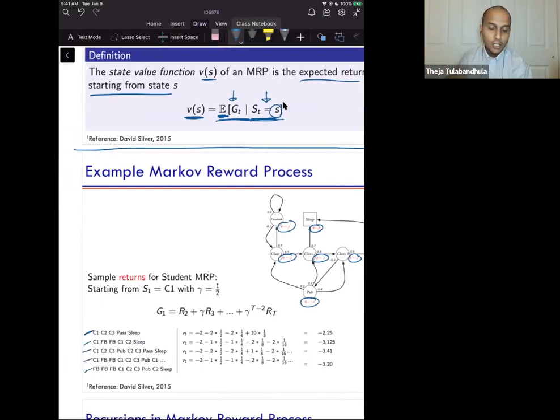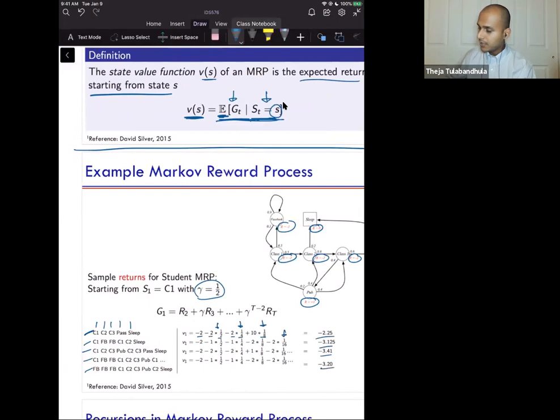It autonomously keeps switching from one state to the next state at every time step. You can compute, for every switch, what was the corresponding reward, and you can discount it. Here the discounting parameter happens to be 1/2. So you can do 1/2 squared, 1/2 cubed, 1/2 to the power 4, and so on. So if you do this, you can get a value.